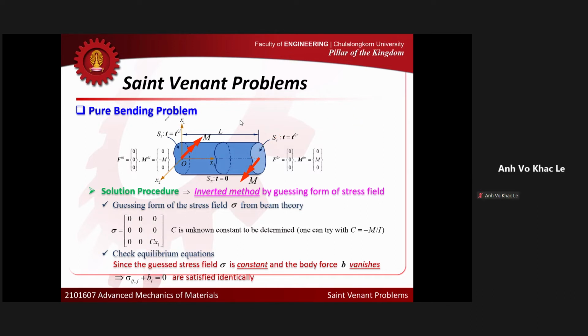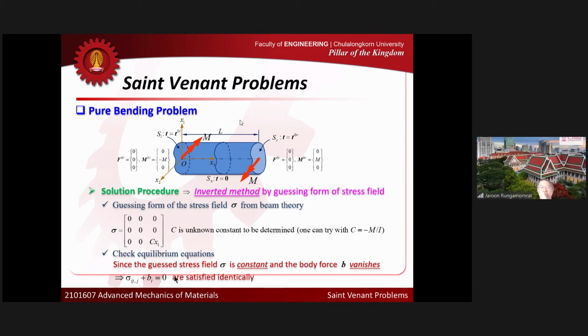Now, when I check the equilibrium equation, I can check compatibility of stress as well, right? Because we need to confirm that the guessed stress field generates a displacement field.